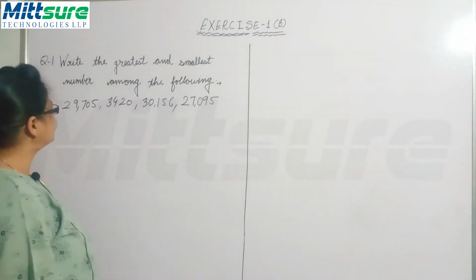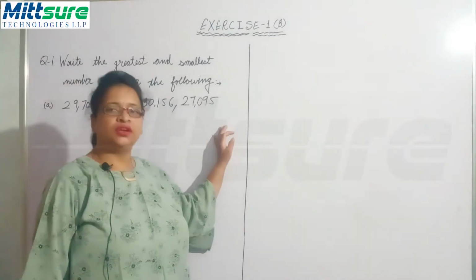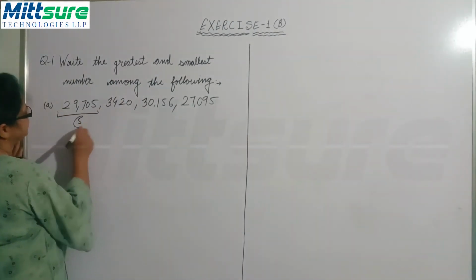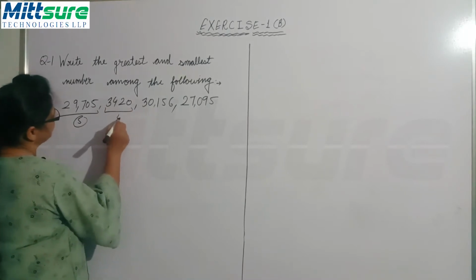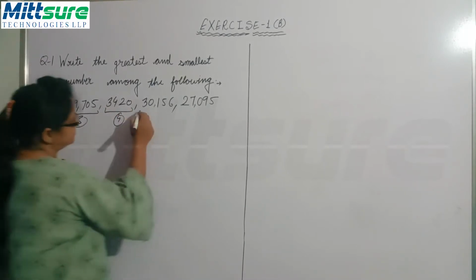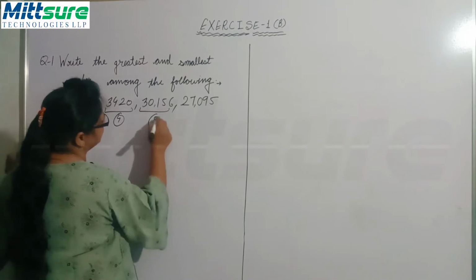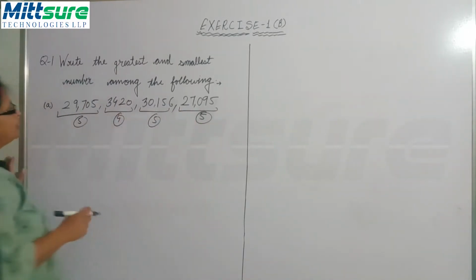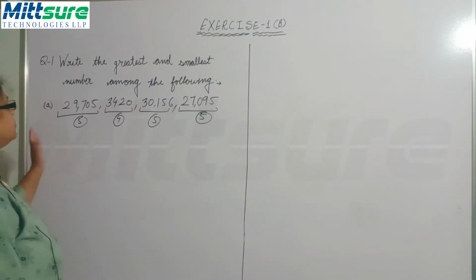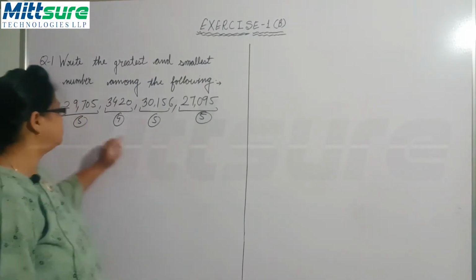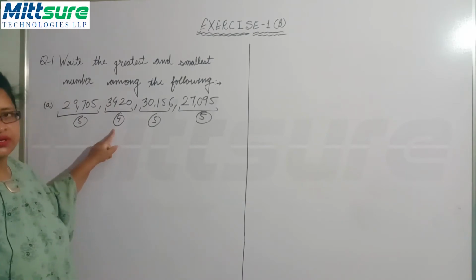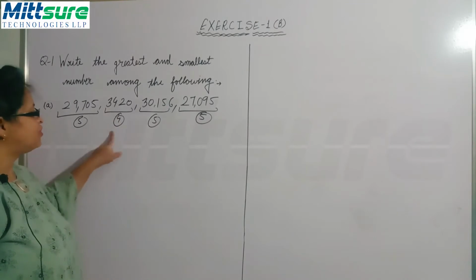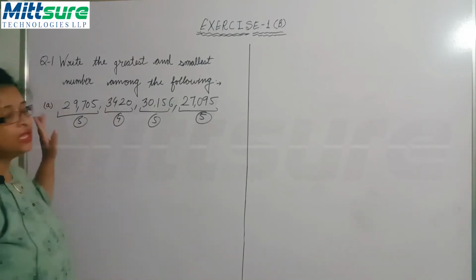Now first we have to compare the digits. This number is having 5 digits, this number is having 4 digits and this number is having 5 digits, and this number is also having 5 digits. As we know, this is the smallest number. We have searched the smallest number as this number is having 4 digits and all the other numbers are having 5 digits.